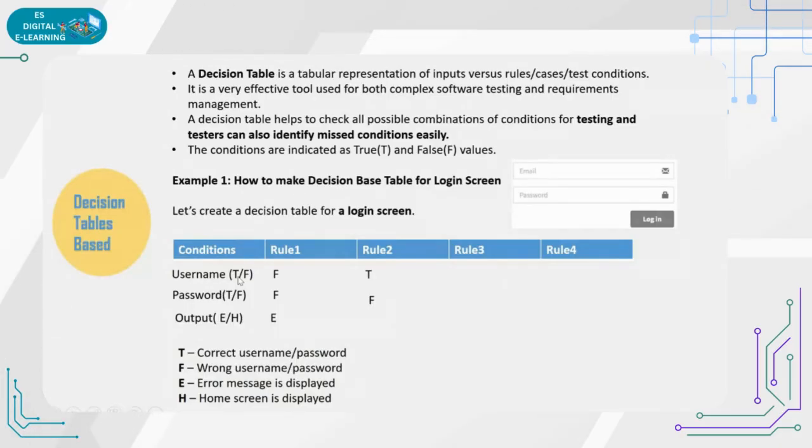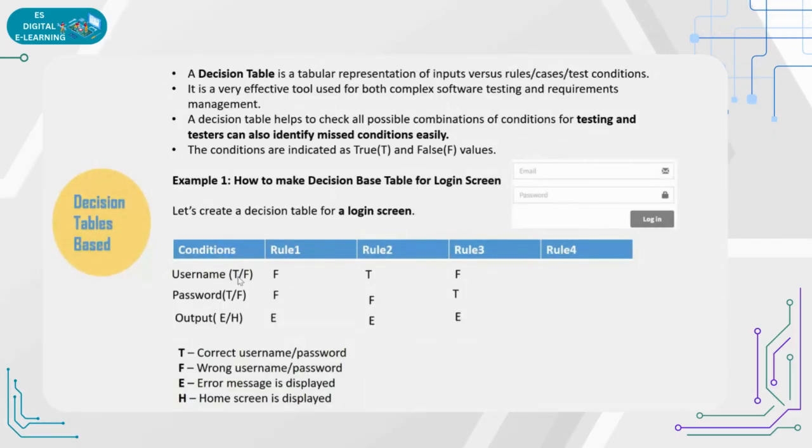Am I able to enter, Rajesh? No. Okay, rule 3 now. False username, next true password. Are you able to enter? No. Why, though we gave the correct password? Because we are giving the wrong username.